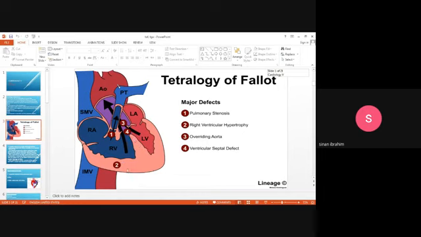So the right ventricle will be hypertrophied with time, and the third part will be overriding of the aorta. Overriding meaning the aorta, as we know, usually opens into the left ventricle, while in tetralogy of Fallot, the aorta will open into both ventricles, the LV and the RV.